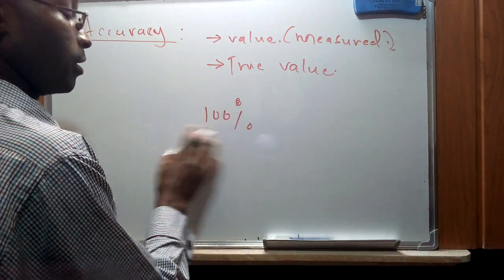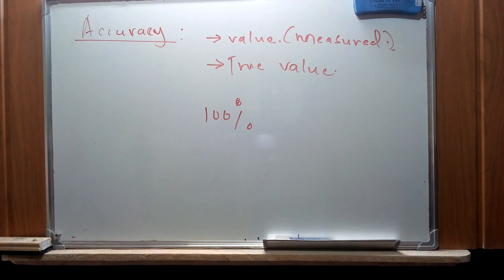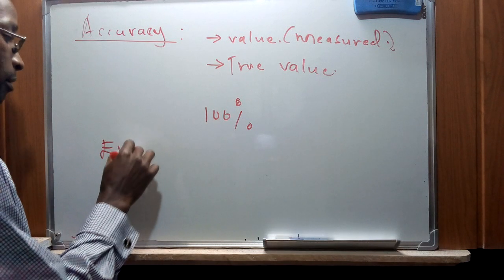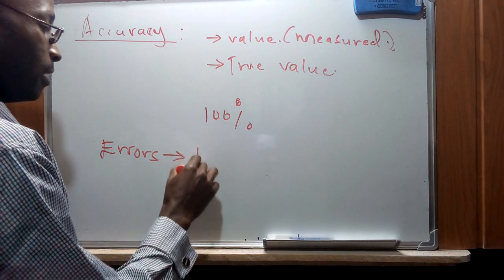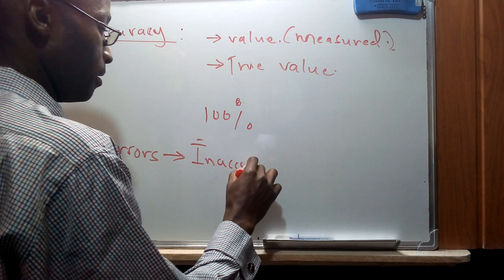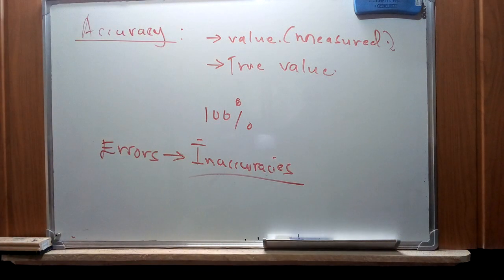So we cannot attain the true value of a measurement, and therefore the inaccuracies that occur in this process of measurement are what we call errors. So errors basically refers to the inaccuracies that are realized due to the process of measurement.